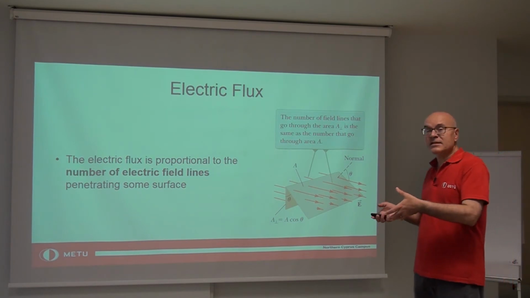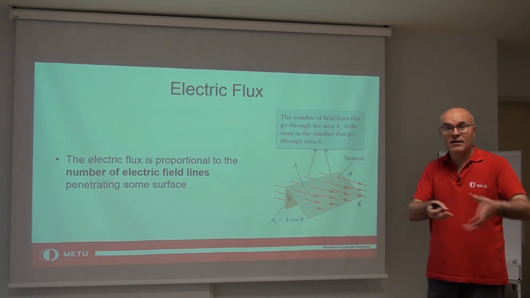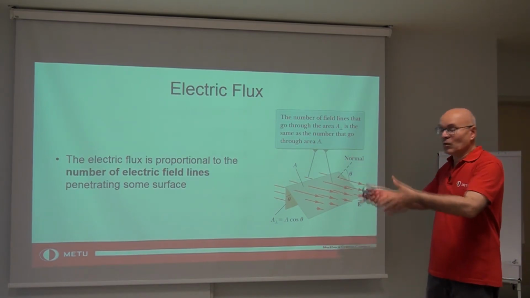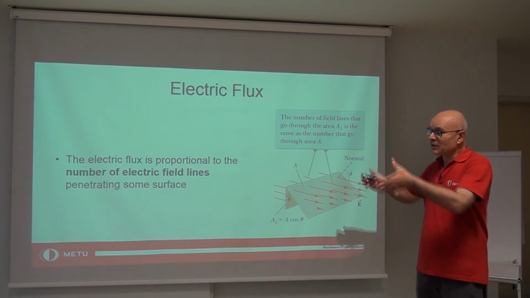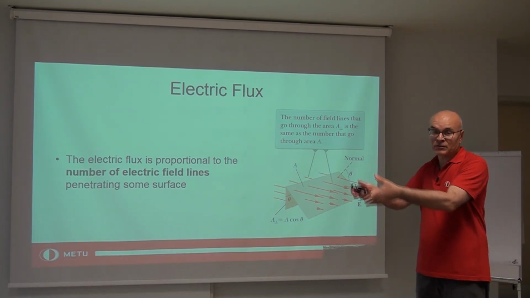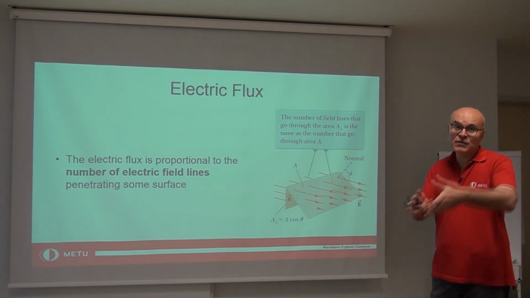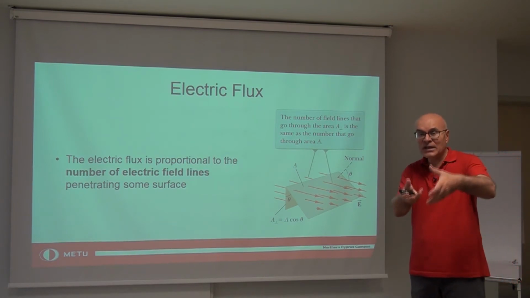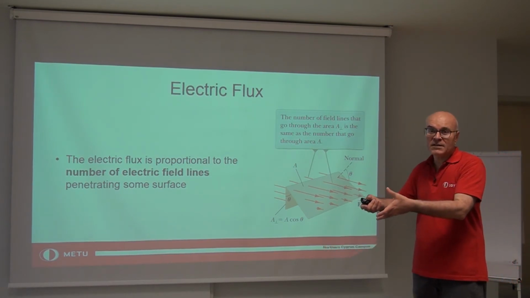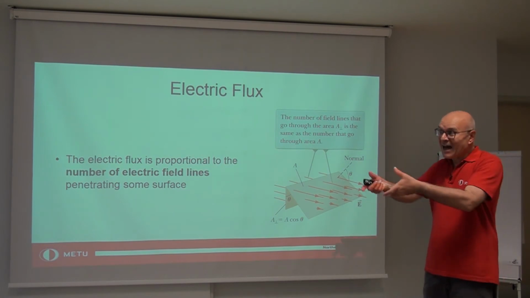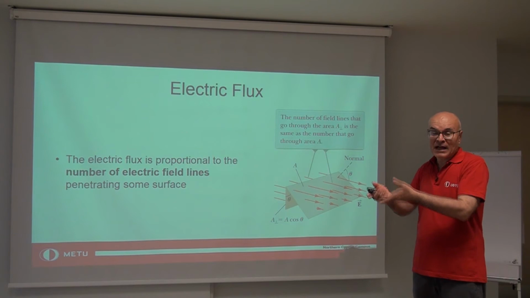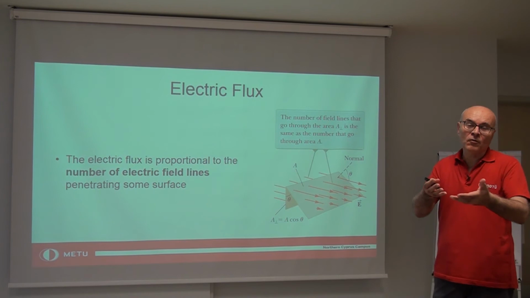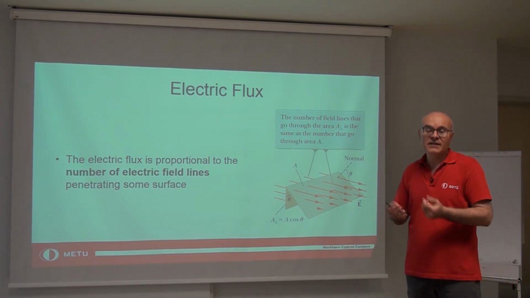And since the flux is the product of electric field and area, if you have two identical surfaces and a stronger electric field perpendicular to one of them, then the flux through that surface will be more than through the surface with the weaker field. But a stronger electric field means a larger number of lines crossing that surface. And therefore, larger flux corresponds to a larger number of lines crossing the surface.